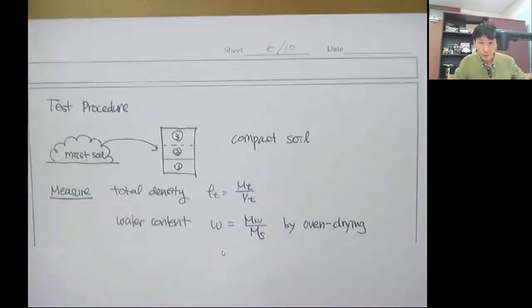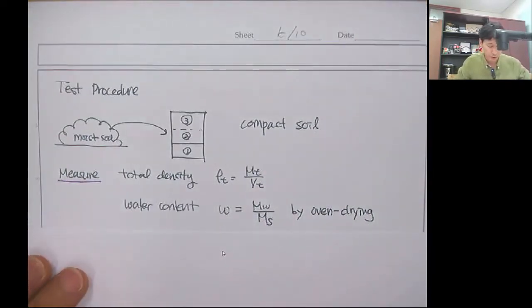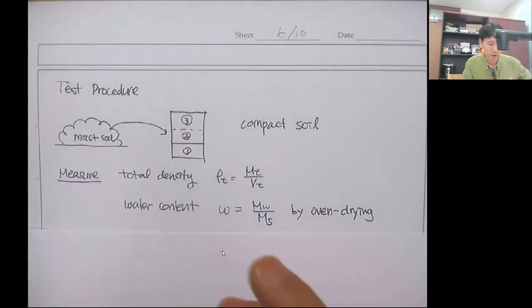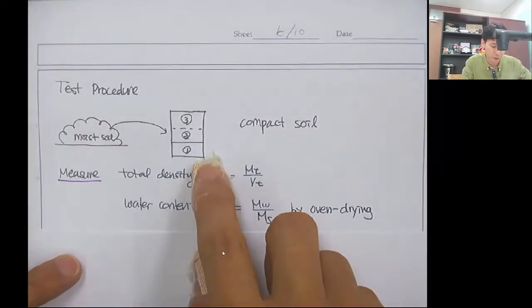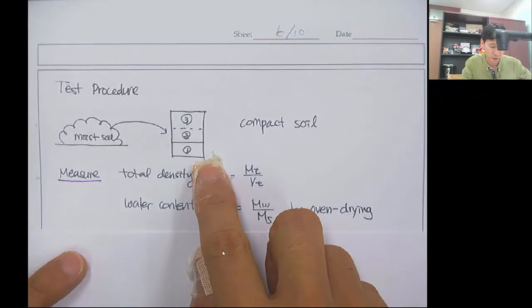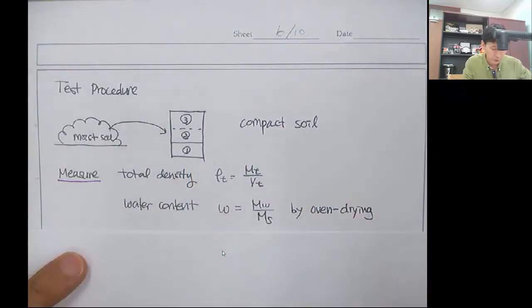So the basic test procedure for the compaction test is as follows. You have a moist soil, so the amount of water is controlled, and you compact the soil in a mold according to the procedure. After you finish all the compaction, you measure the total density.